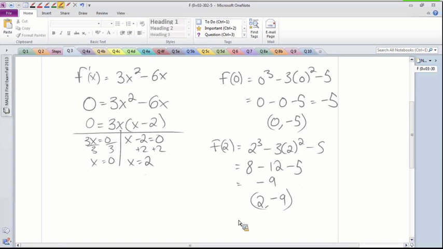So we have to find the equations of these tangent lines. If you remember, the equation of a horizontal tangent line is just y equals whatever the y value is at that point.